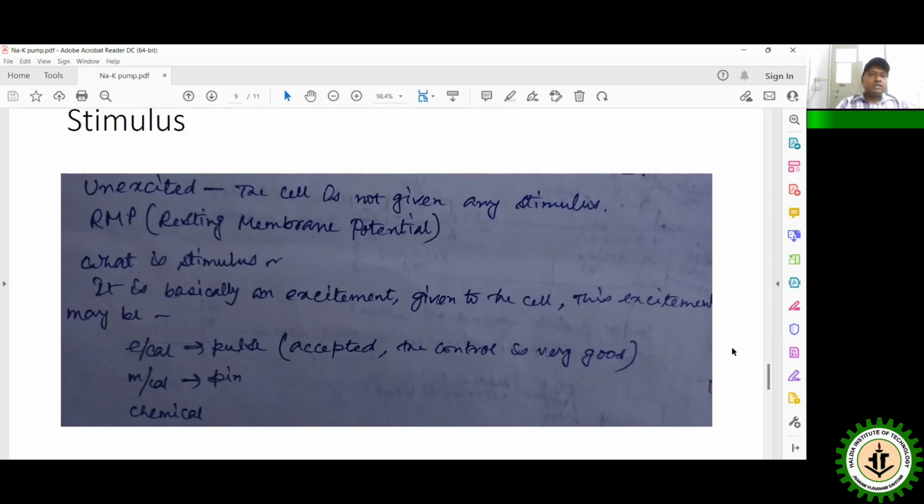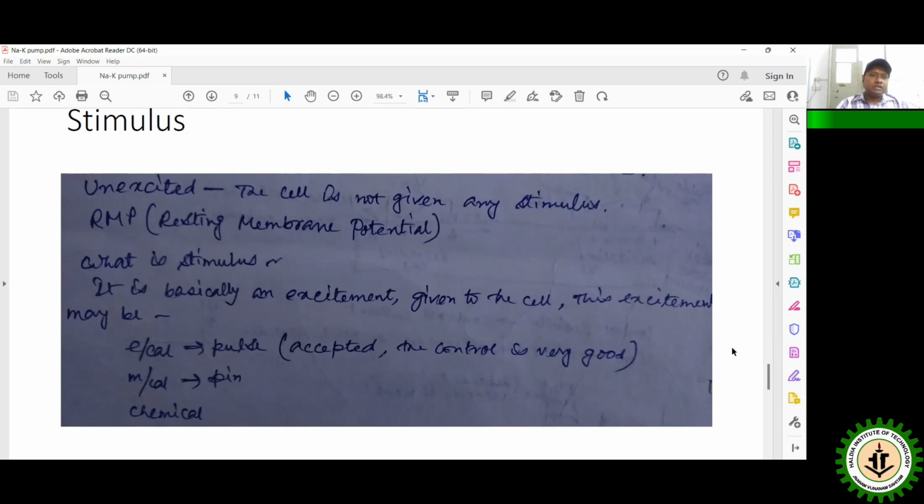In the unexcited condition, the cell is not given any stimulus and maintains the resting membrane potential, with the inside to outside voltage of 90 millivolt.